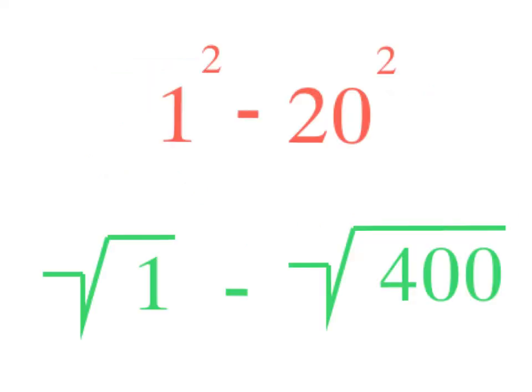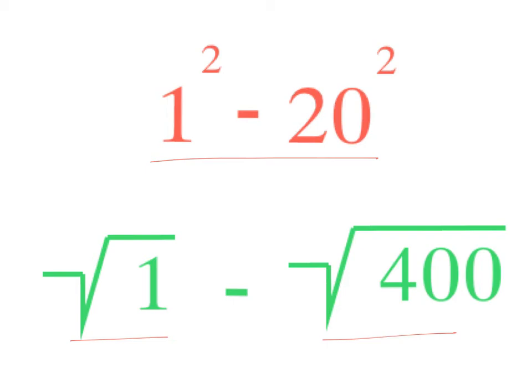For our unit, you need to know by heart 1 squared all the way up to 20 squared. You have to know them by heart because you will not have a calculator for this unit. You also need to know your perfect square roots from the square root of 1 all the way up through the square root of 400.